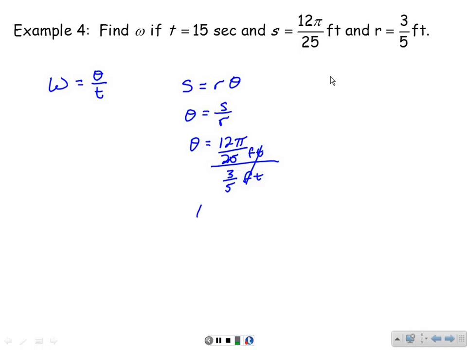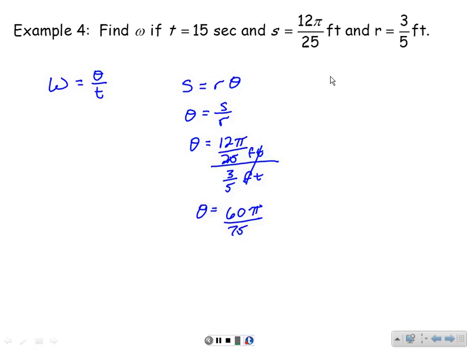And so let's do skin over guts. And so we're going to have 60 pi over 75. And of course, that's going to reduce. Let's see, I don't really want a decimal, so let's just reduce that fraction, 60 over 75.